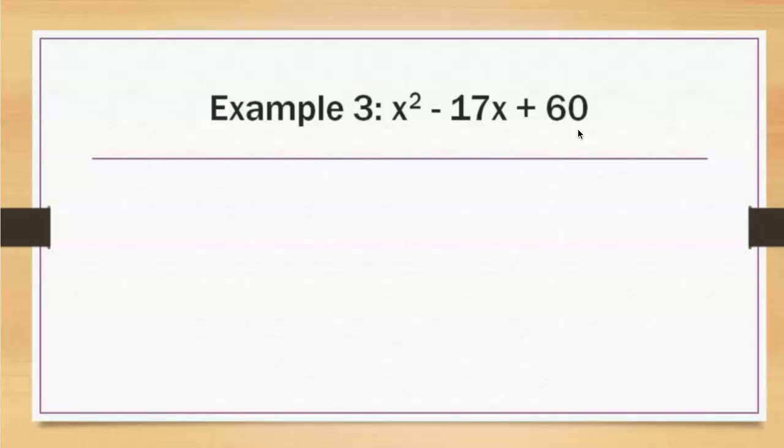And 60 and 17. Okay, so what two numbers multiply to give me 60 and sum to negative 17? And once again, are both negative. So that'll be 12 and 5.